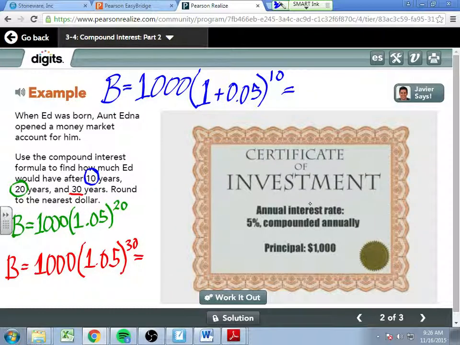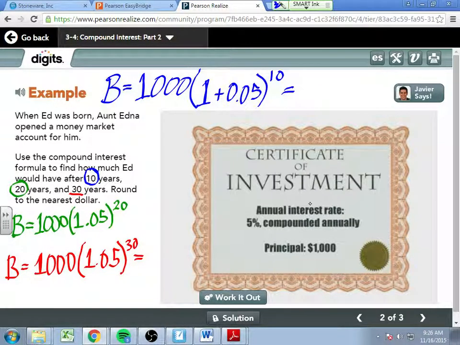Remember, parentheses happens first, then exponents, then multiplication. So if I was you, for the first one here, I would type in 1.05, and then the caret, the one right here on the TI-30, that is the exponent.